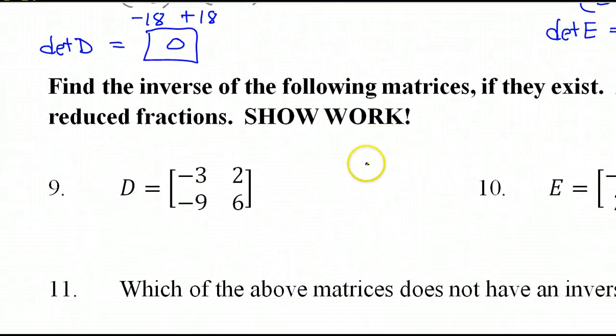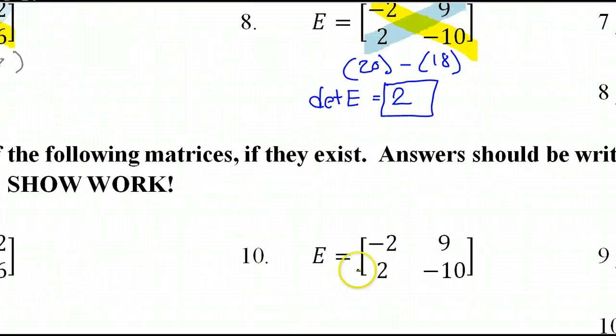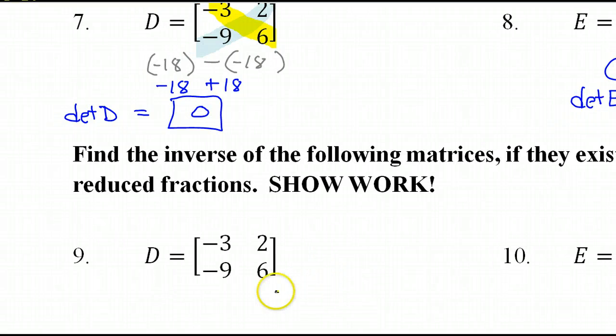All right, number 9 and 10. Okay, notice that number 9 is the same matrix as number 7. And notice that number 10 is the same matrix as number 8. So that should save us a little bit of work. All right, because the first step of finding the inverse is to find the determinant.